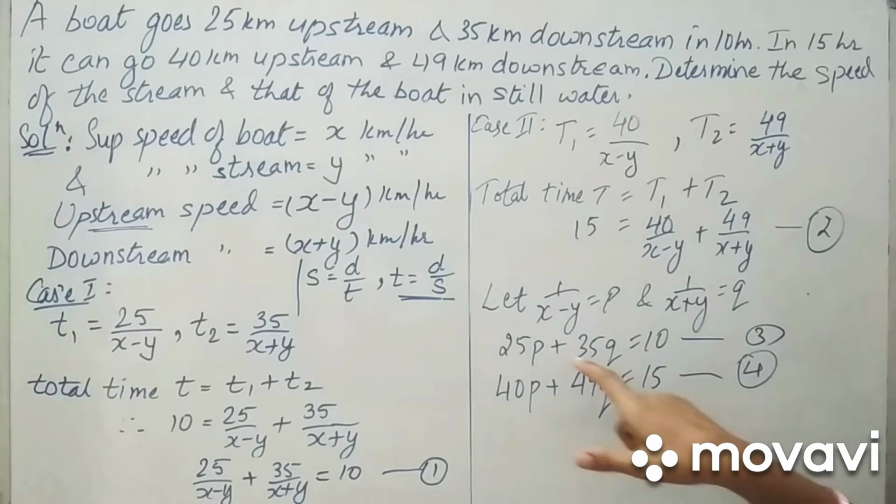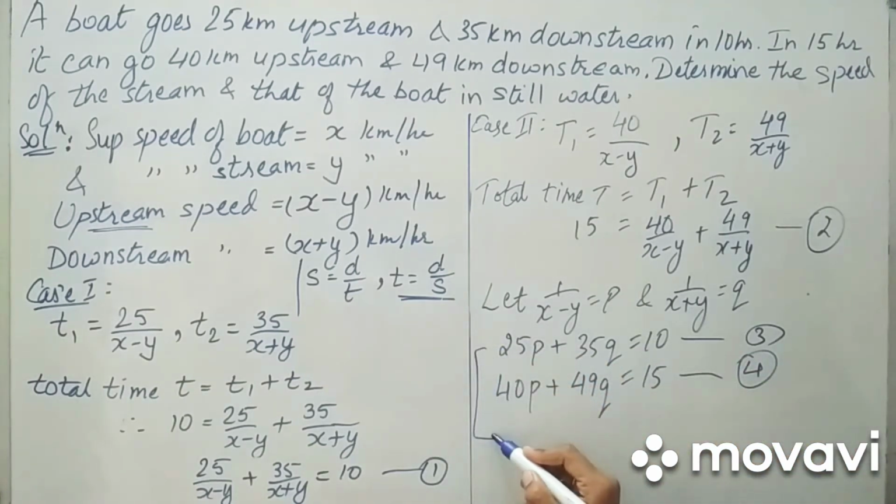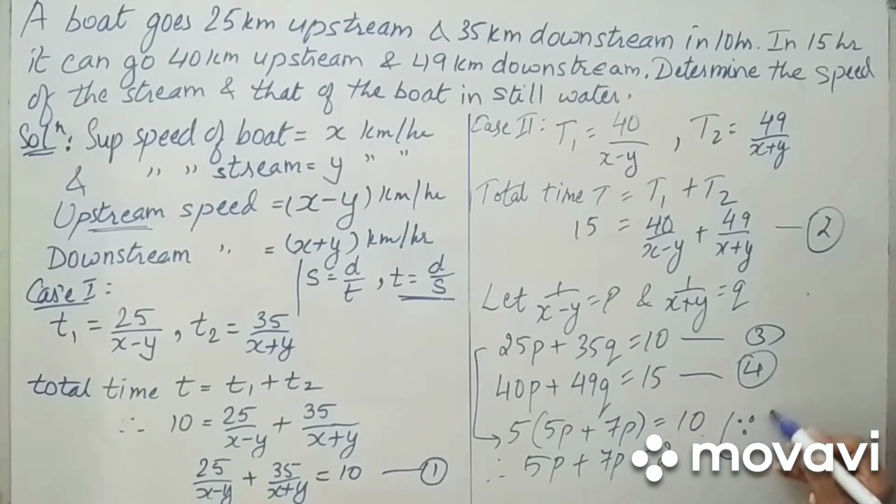For equation number 3, you can take out 5 common, which will give you 5p plus 7q is equal to 10 upon 5, which is 2.